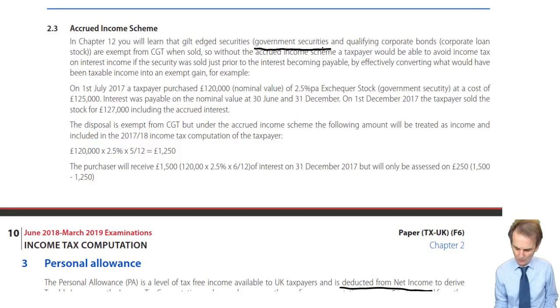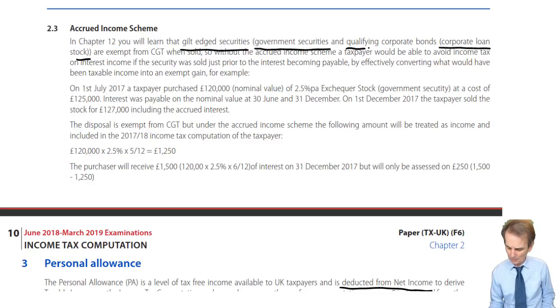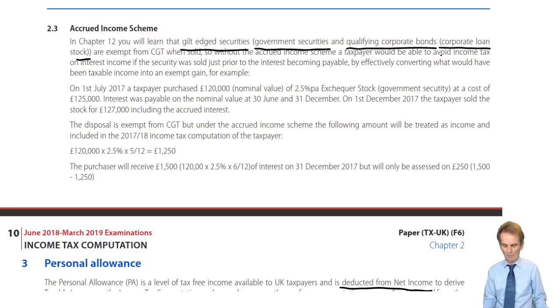Interest from government securities, otherwise known as gilt-edged securities, and then interest on normal corporate loan stock, or again to give it its proper name in tax terms, the main form of qualifying corporate bond. Now, interest income from either of these two sources is taxable, so they need to be included as savings income on our income tax computation.